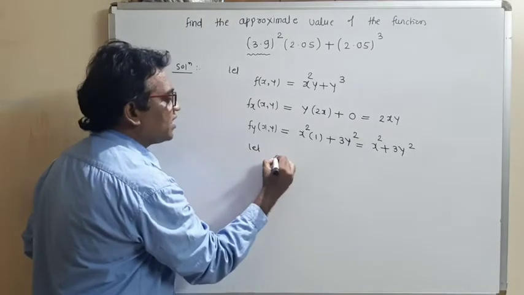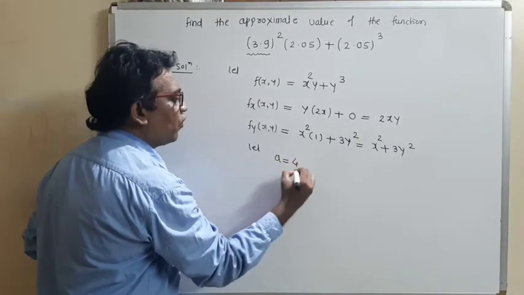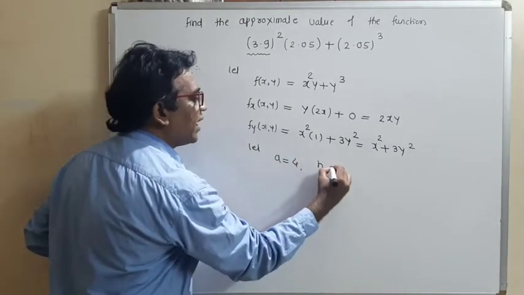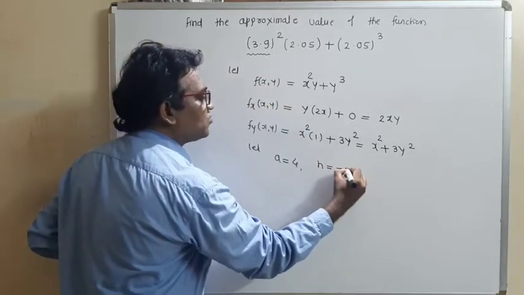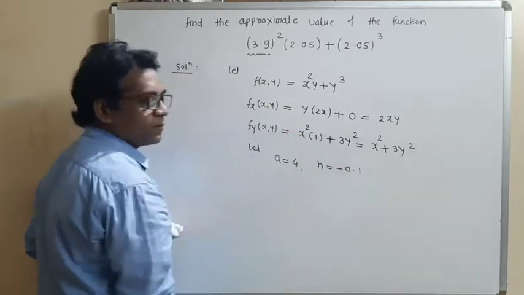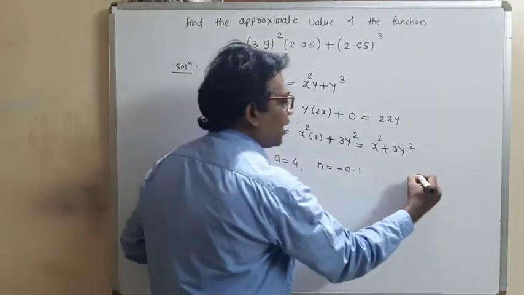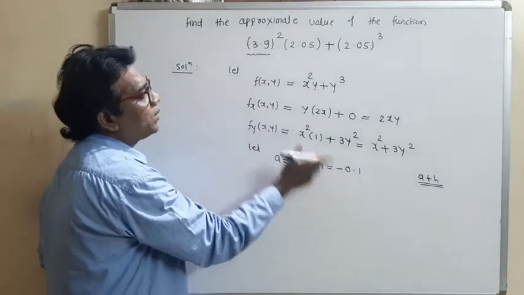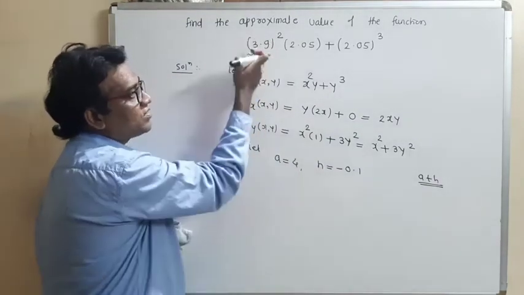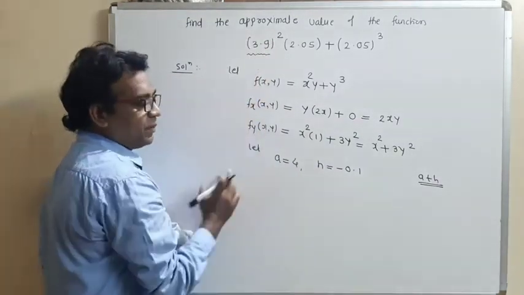So let us take a equal to 4 and h equal to the remaining quantity. So what is the remaining quantity? This will be minus 0.1. So if we add this, the total quantity a plus h will be 3.9.